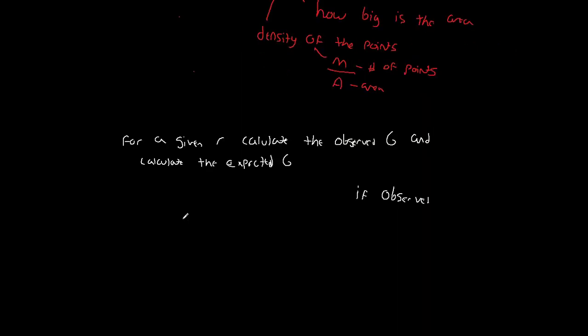Let's talk about two different scenarios. What happens if the observed g is less than the expected g?